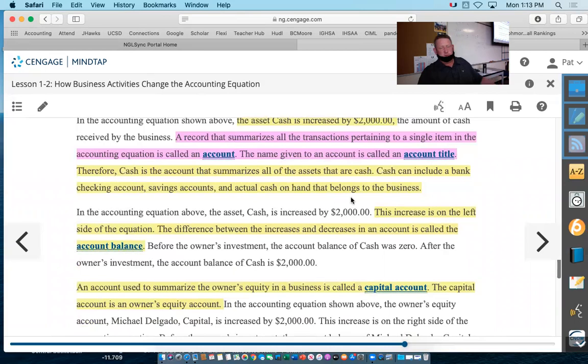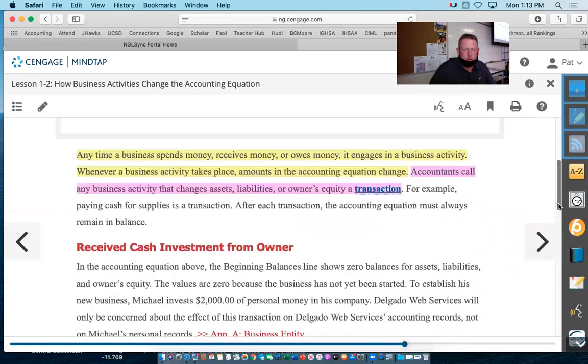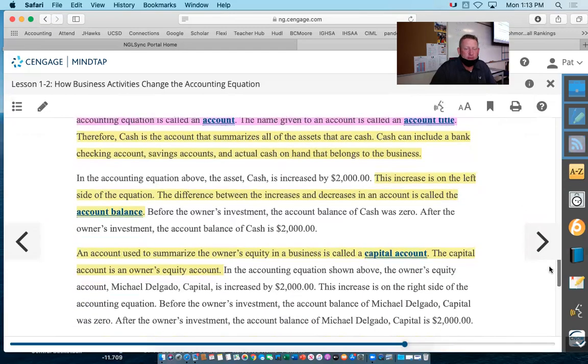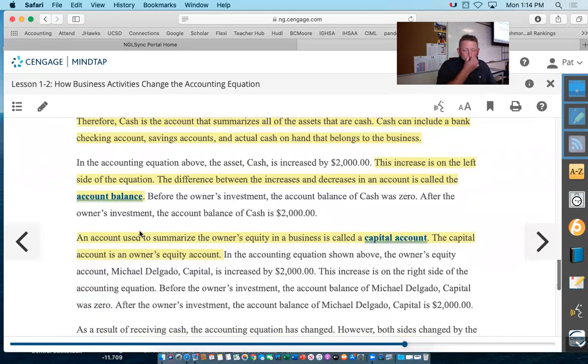It talks about the transaction at debt. It says the asset cash is increased by 2,000. The increase is on the left side of the equation. The difference between the increase and decrease is called the account balance. So that's what you saw over here on the left side. On the right side, it says the account used to summarize the owner's equity is called the capital account.